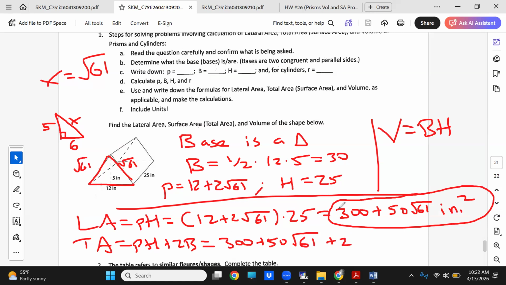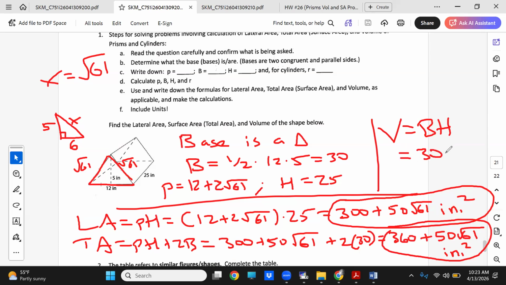And the base is, of course, 30. And volume is going to be 30 times 25, which is 750, I think, cubic inches. Yeah.